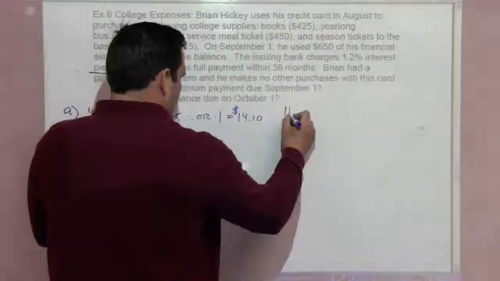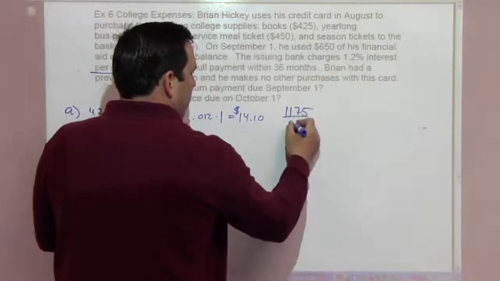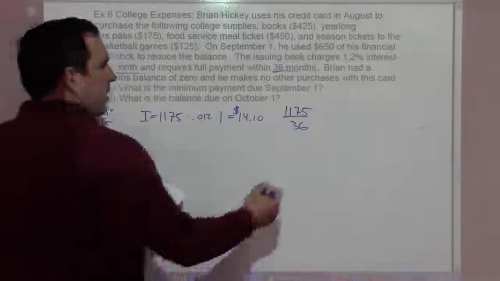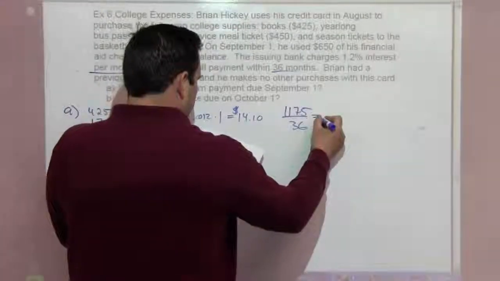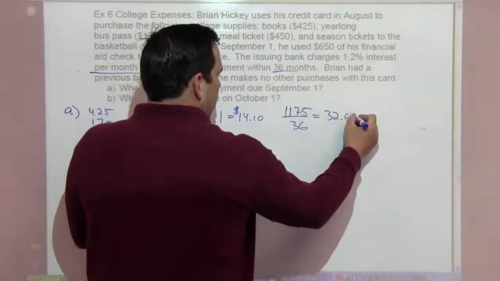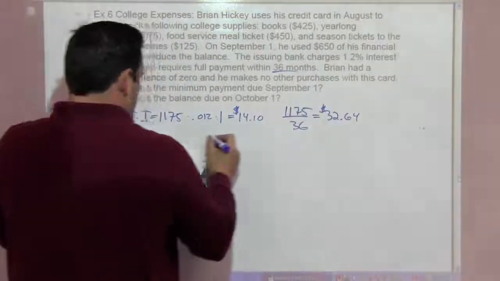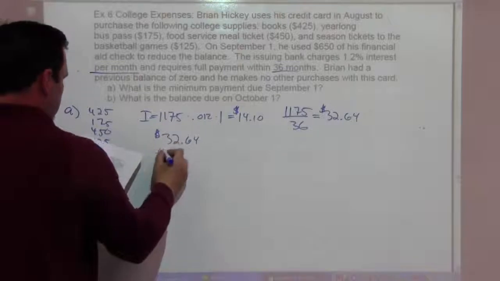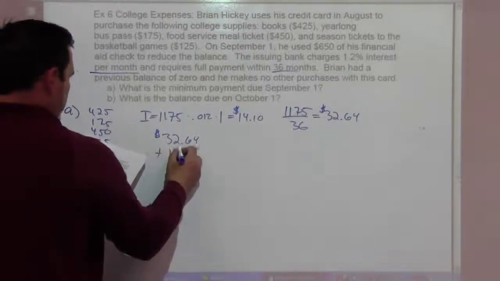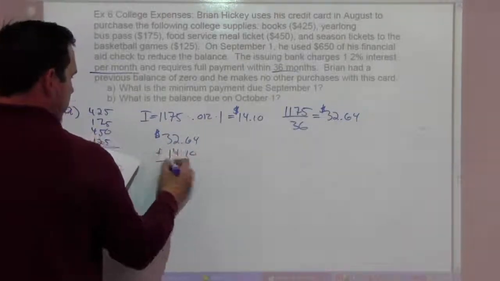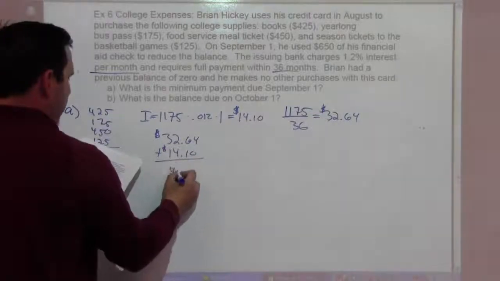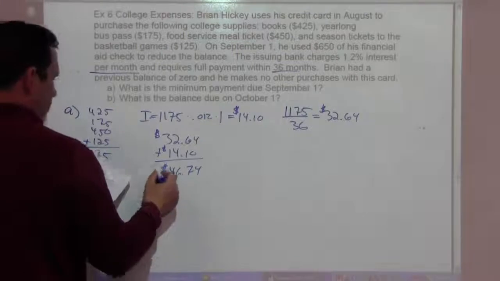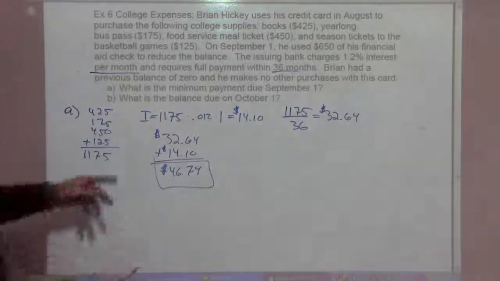Now, $1175 is what his balance is. If they're going with full payment within 36 months, we divide by 36. We get $32.64. So $32.64 plus $14.10 is going to be $46.74. And that would be the minimum payment due.